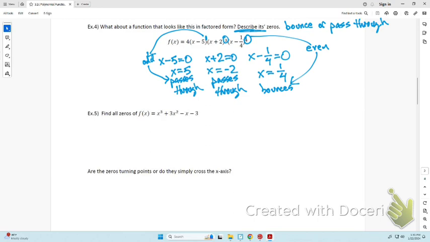On number 5, we have 4 terms. So factor by grouping. So you group the first 2.